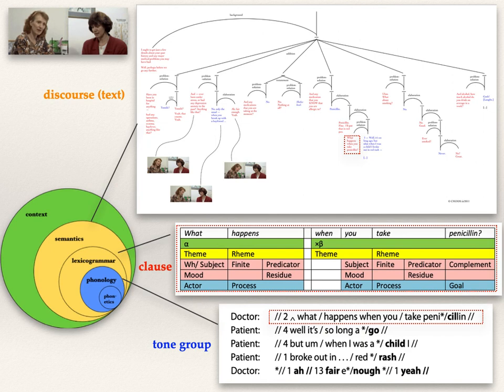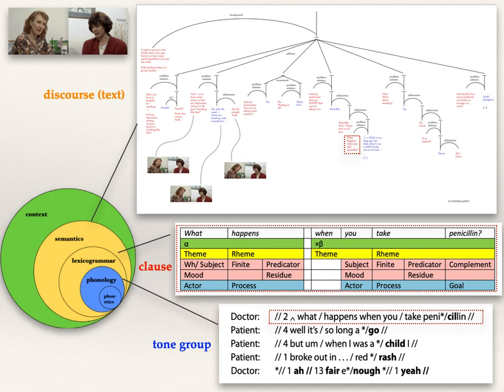And in this particular case, two clauses combined, what happens, and a temporal qualification, when you take penicillin, are expressed, realized, spoken as a single tone group. And the 2 here means that it's spoken on a rising tone. So on penicillin, the doctor rises. And then the patient answers, well, it's so long ago, that's a tone 4, which means falling, rising, and so on.